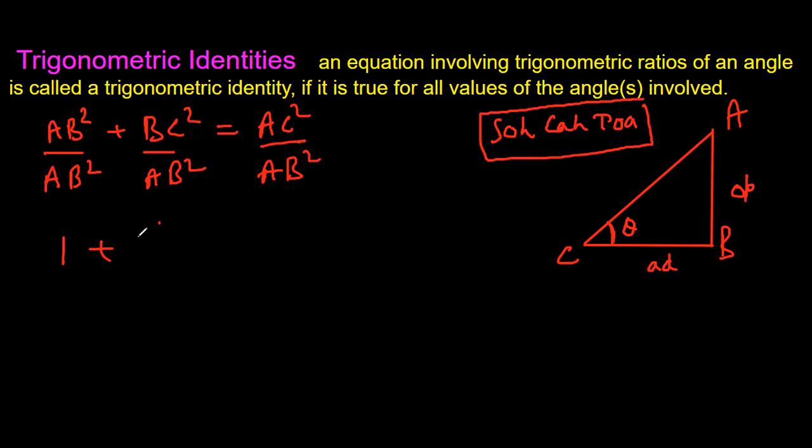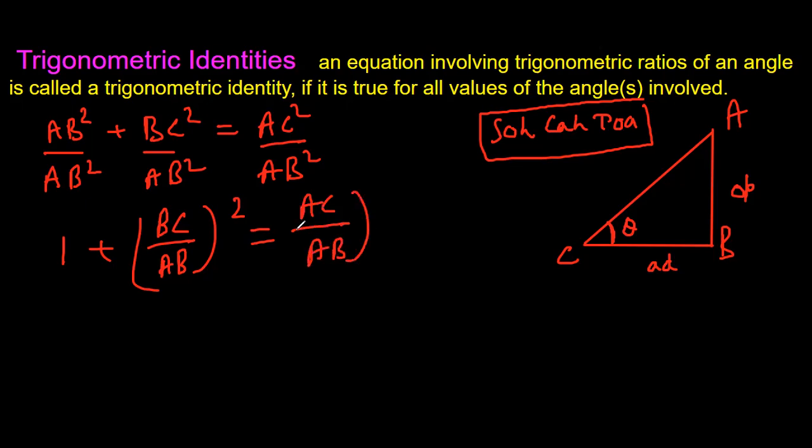Okay, now BC by AB, as per that, BC is adjacent and AB is opposite. Is that cot theta? Reciprocal of tan. So 1 plus cot, that is 1 plus BC by AB whole square is equal to AC by AB whole square.